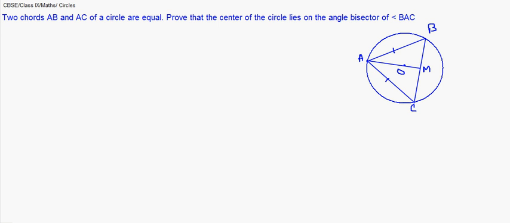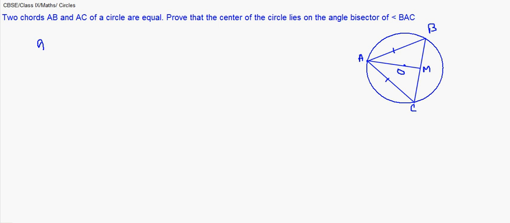What we actually have to prove is AM is passing through the center O. If we can prove that AM is the perpendicular bisector of BC, that can help us, because a perpendicular bisector of the chord will always pass through the center. So we look forward to prove that AM is the perpendicular bisector of BC. That's the basic catch of it actually.